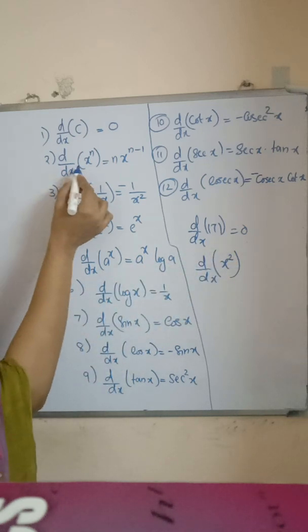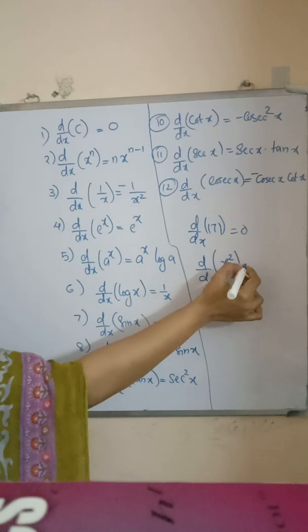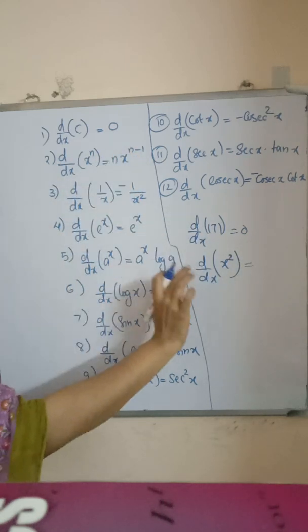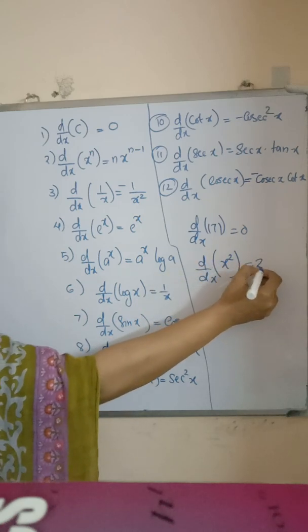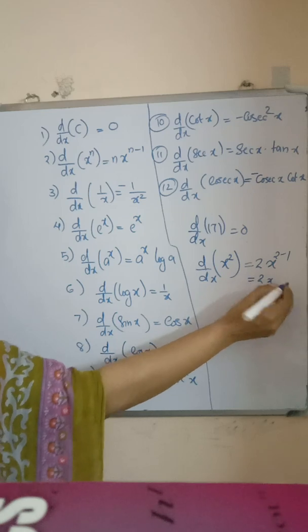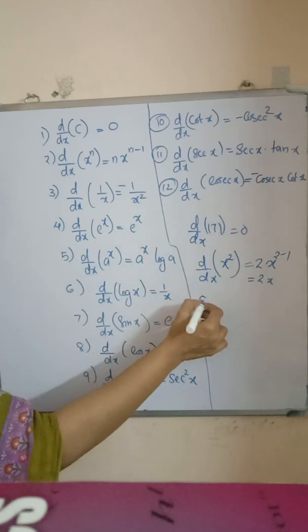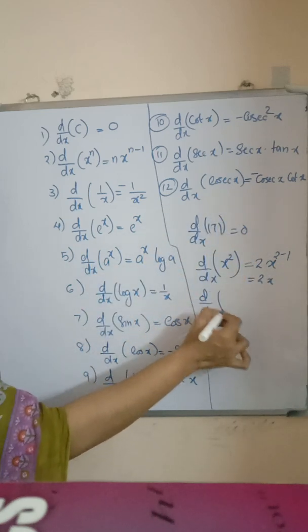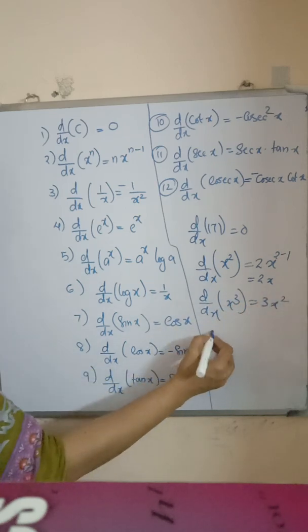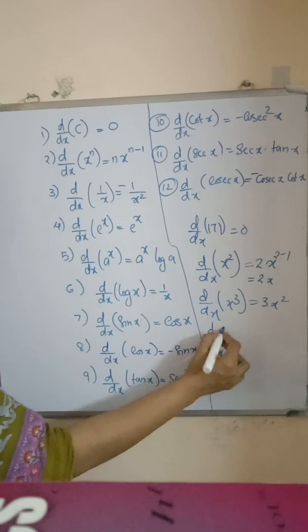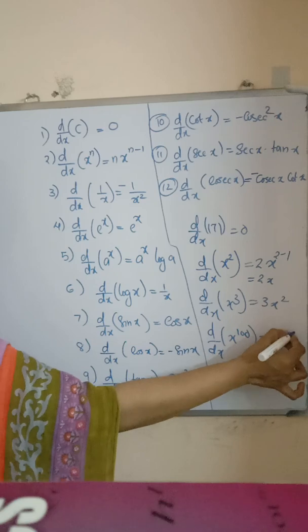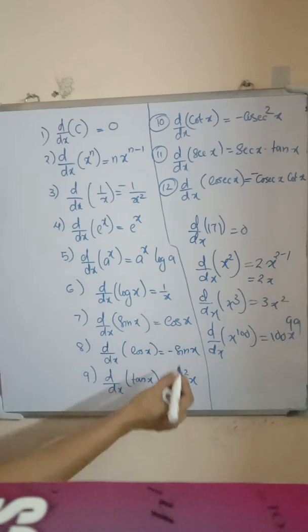So d by dx of x raised to 2 is 2x raised to 2 minus 1, that is 2x raised to 1, that is 2x. d by dx of x cube is 3x square. d by dx of x raised to 100 is equal to 100 x raised to 99. Like this.